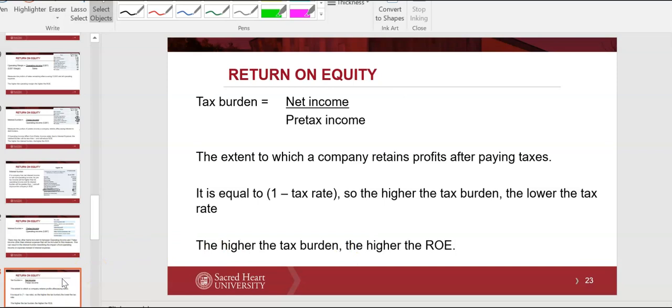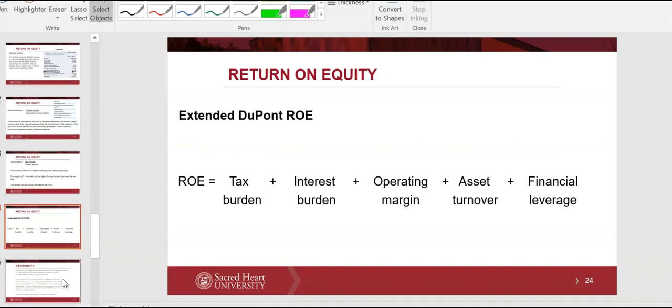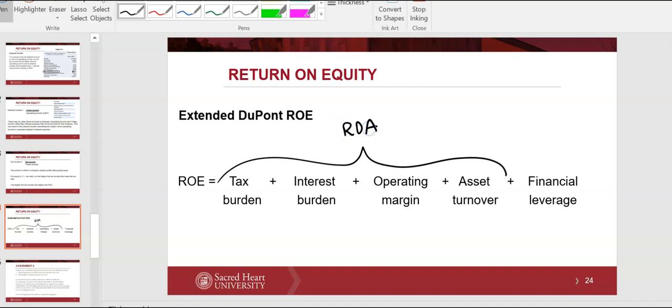Okay, so what are we doing with the interest burden, the tax burden, and the operating margin? Well, we can break down ROE into these 5 components. But remember, these components give us ROA. And we said that ROA can also be looked at as profit margin times asset turnover.